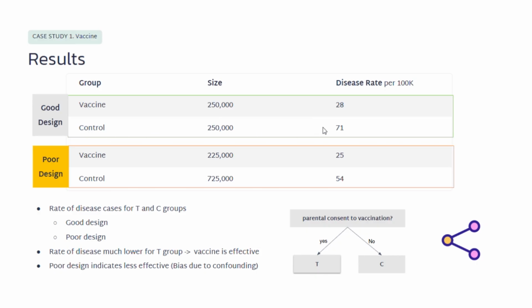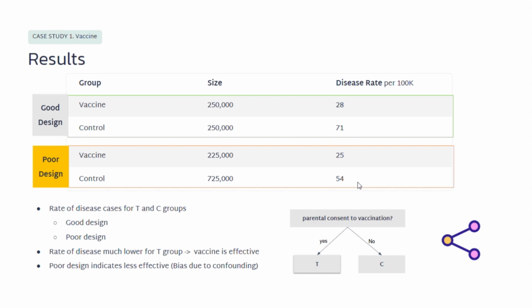What you see here is that in both the randomized controlled experiment and the poorly controlled experiment, which was biased, the rate is much lower for the treatment group compared to the control group, and this shows proof of the effectiveness of the vaccine.